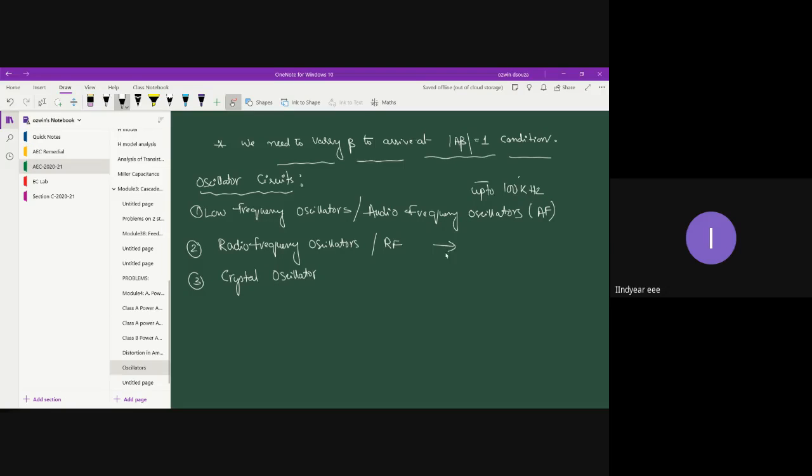Radio frequency oscillators go up to several hundreds of kilohertz, in fact maybe up to a few megahertz. And finally, the crystal oscillator is for very high frequency. For very high frequency waveform generation, you can go for a crystal oscillator.